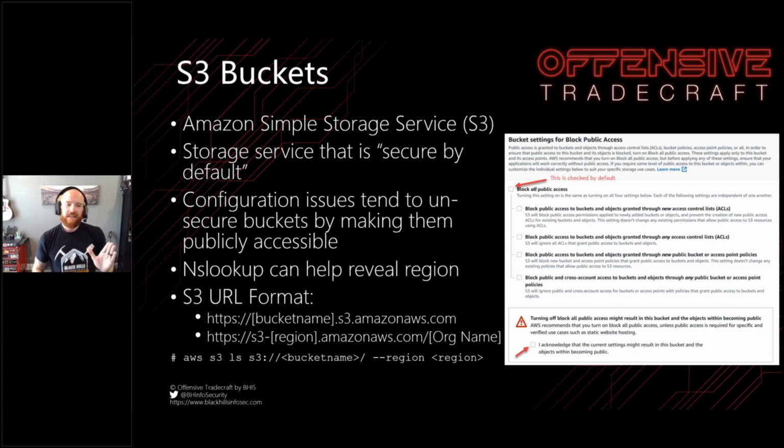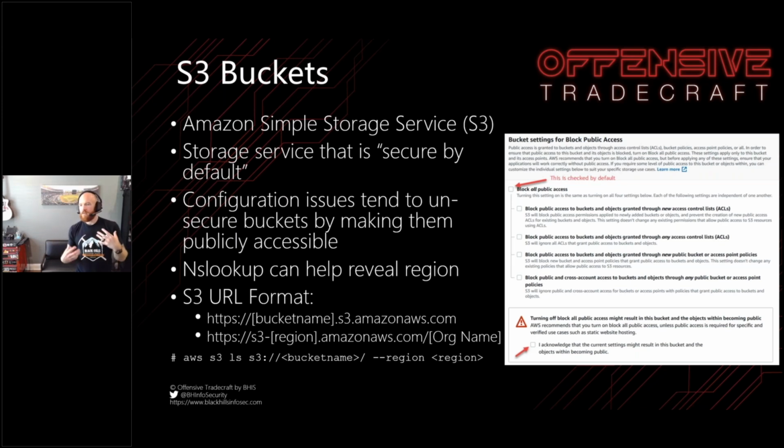So the thing is that configuration issues still tend to happen. A lot of times it's not that somebody is on purpose trying to be really negligent about how they're hosting stuff. For example, I mentioned the web application thing earlier.